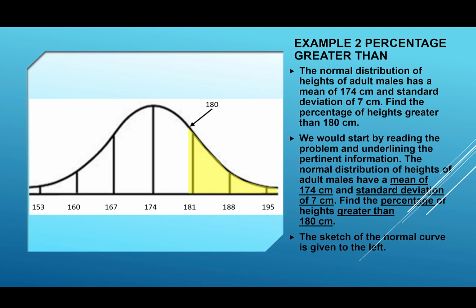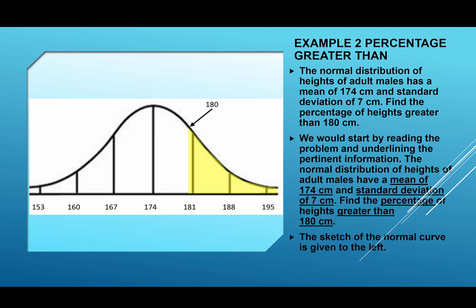We're asked to find the percentage of heights greater than 180 centimeters. If we underline the pertinent information, we would underline mean of 174, standard deviation of 7, percentage, greater than, and 180.